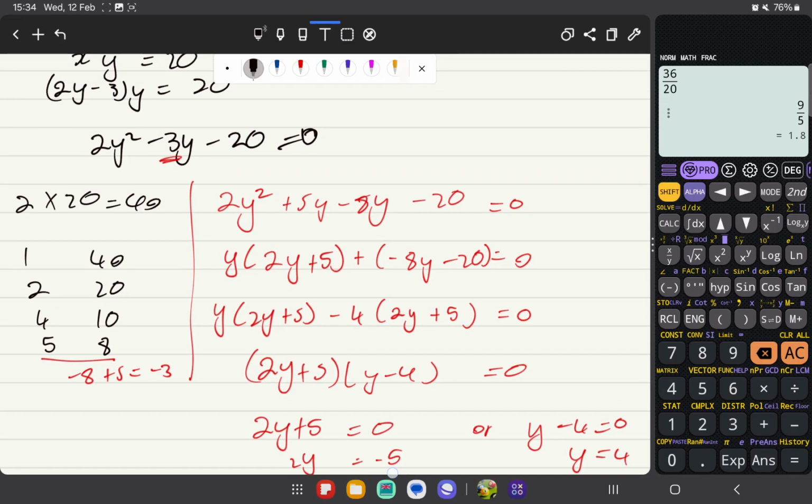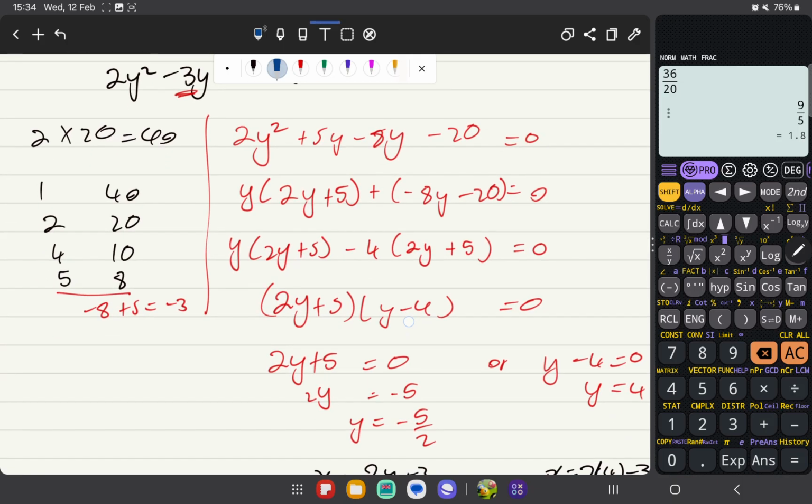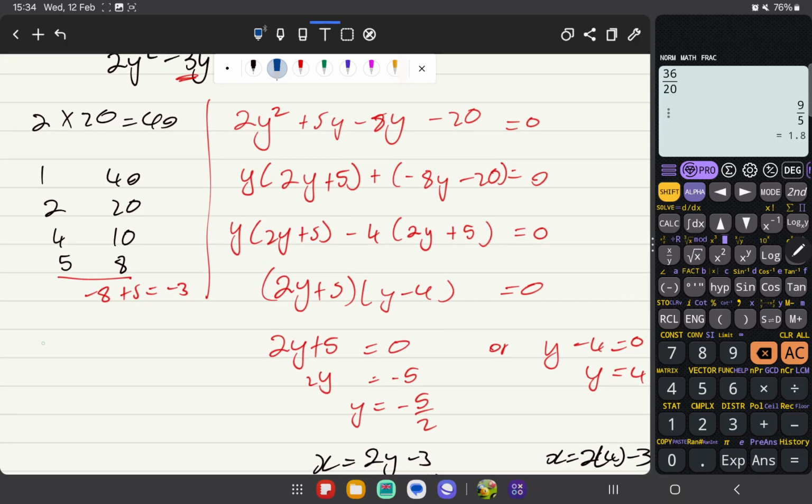So let me go back. Right here, when I was about to substitute, I was saying something which I proved myself wrong about. I was saying you can also put these numbers and group them like this: 2y squared minus 8y plus 5y minus 20 equals 0.